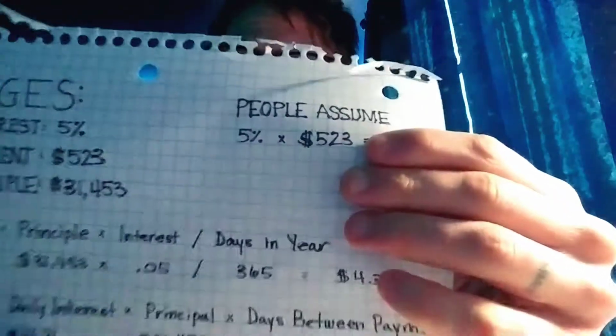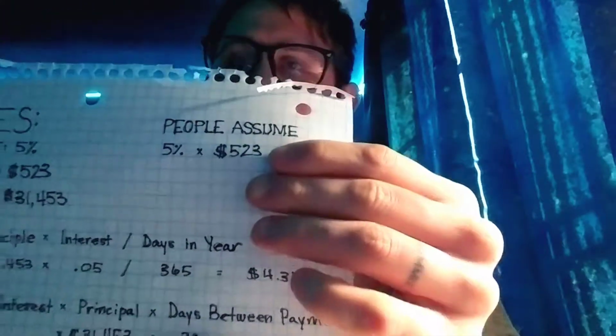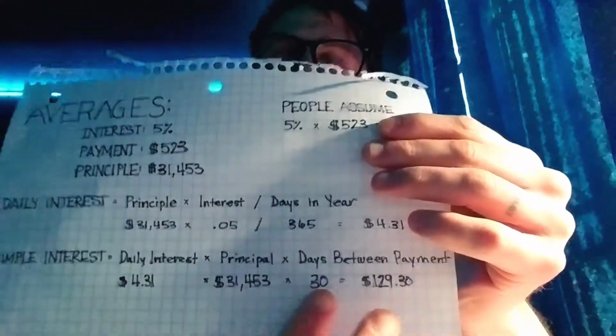Okay, so based off the formula, we needed to know a few different things regarding the daily interest rate. So to figure out simple interest, what we need to know are, again, the daily interest, principal, days between your payments. Sorry if you couldn't see that.